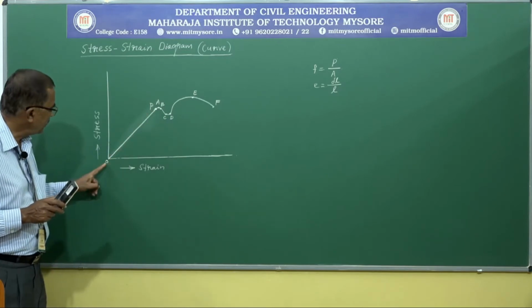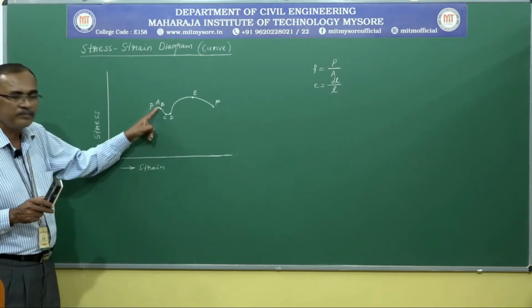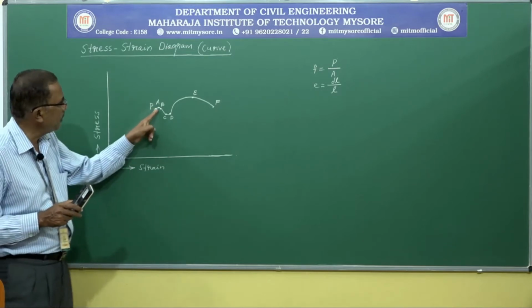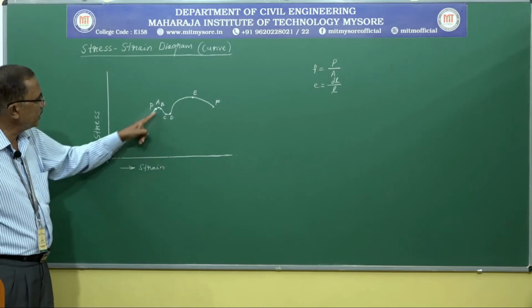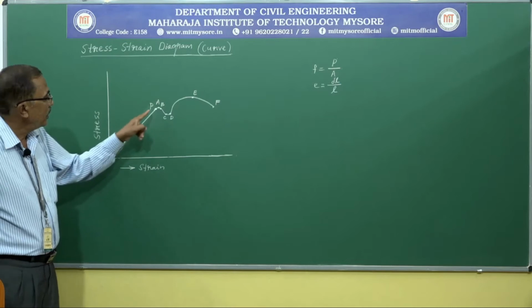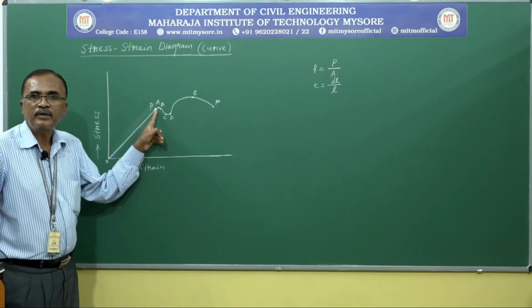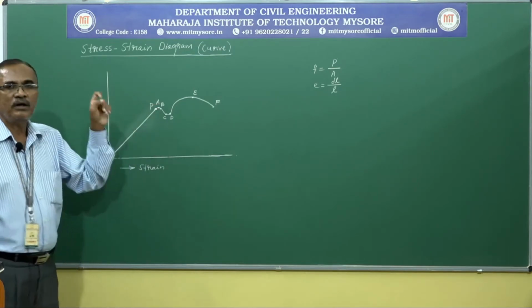You can see here, we can see a linear portion between O and P. Here the portion of the curve between O and P obeys Hooke's law. Stress is proportional to strain and it is a linear portion. Hence, point P is known as the proportionality limit, and the stress corresponding to point P is known as the elastic limit.